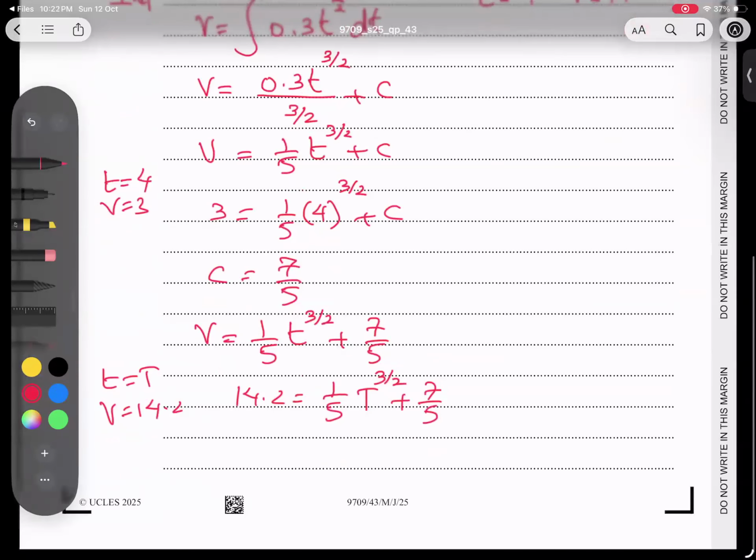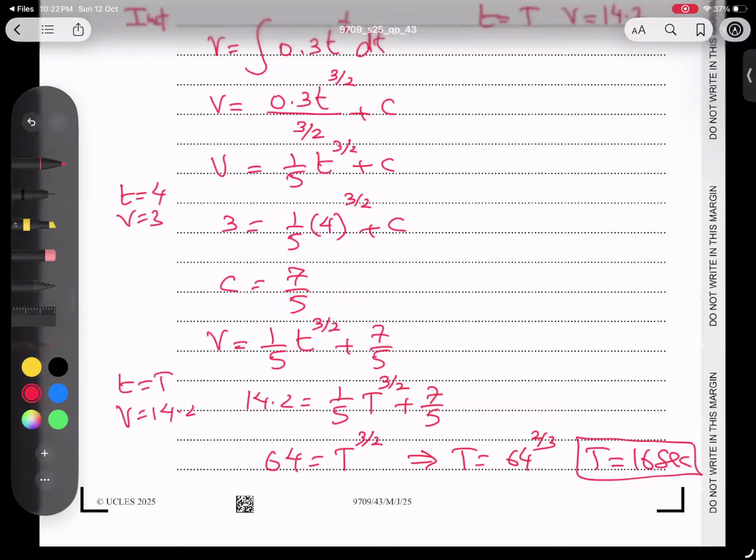First of all, I'll bring it to this side and then multiply the whole thing by 5. 14.2 minus 7 over 5, multiplied by 5, I get 64. And you know what, students, what algebraic rule: when a power goes there, the power flips. So t is equal to 64 to power 2 by 3. 3 by 2 will become 2 by 3. And we type in calculator, we get 16 seconds. Alhamdulillah Rabbil Alameen, I hope so.